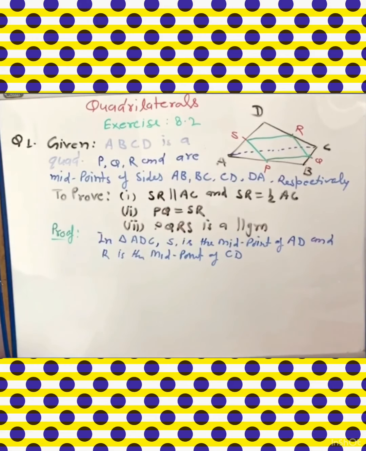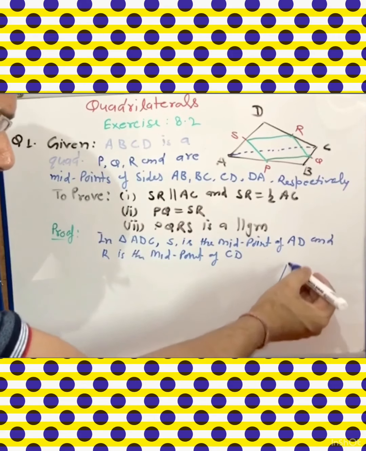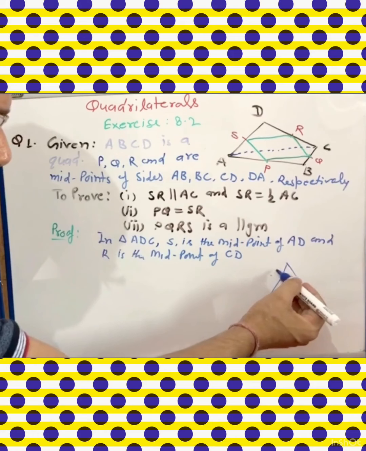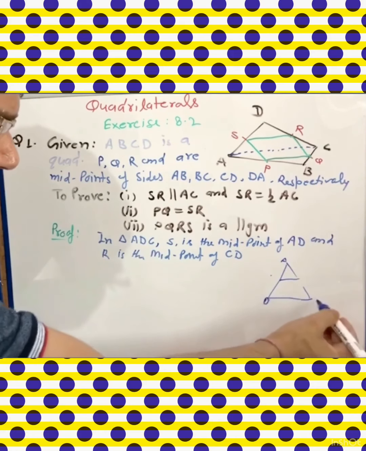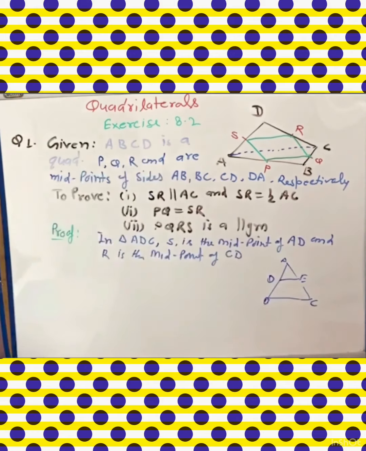In the previous term, you have to prove that in a triangle ABC, D and E are the midpoints of sides AB and AC.